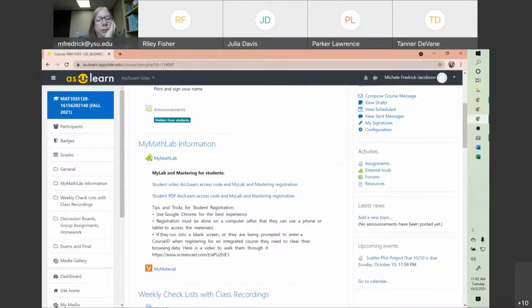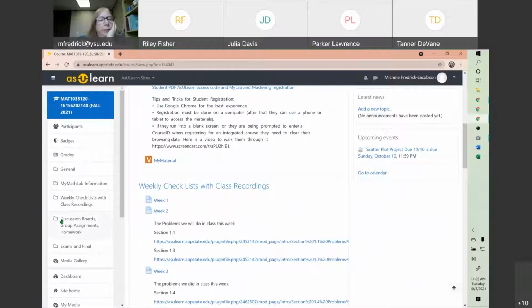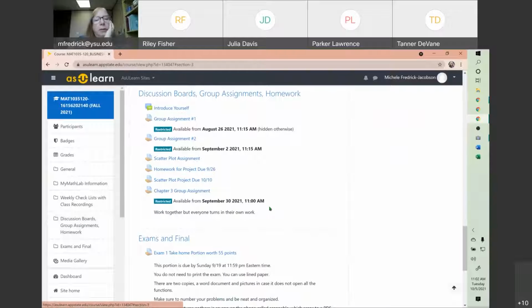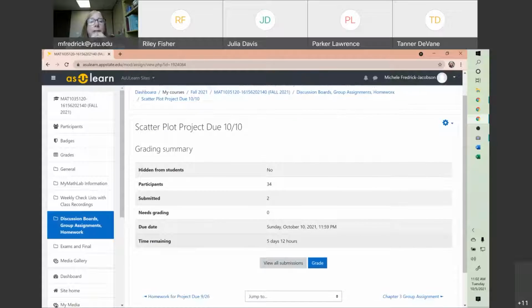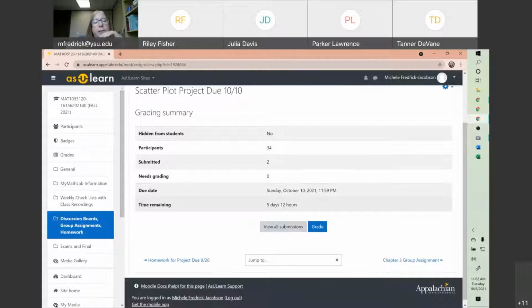And so you go down to, well, you can actually click here for homeworks, and it's hmm, scatter plot homework for the project. Oh yeah, right here. Scatter plot project due. And so when you click on it, it should be there. Hmm. Some people turned it in, but I don't see it on there. Oh, here it is down here.